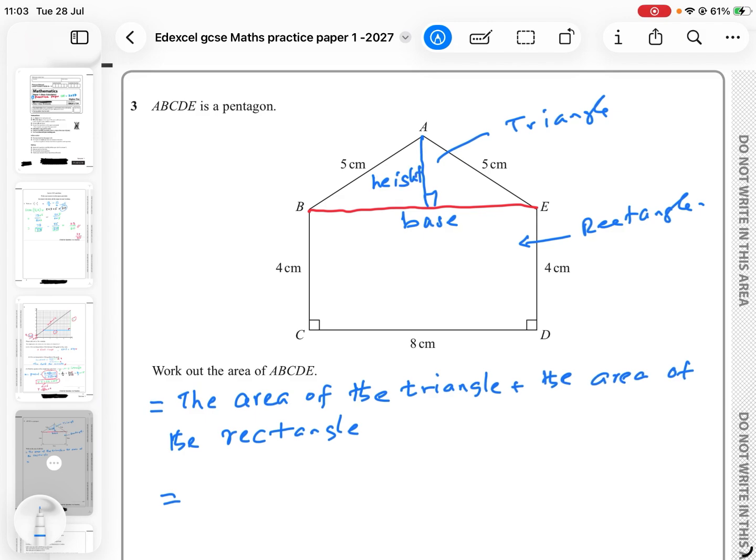So the area of the triangle is base times height divided by 2.